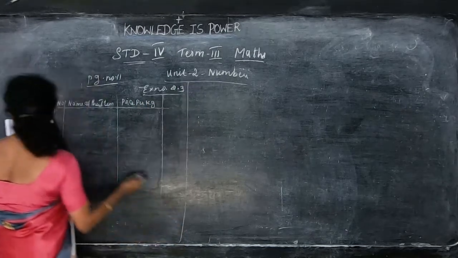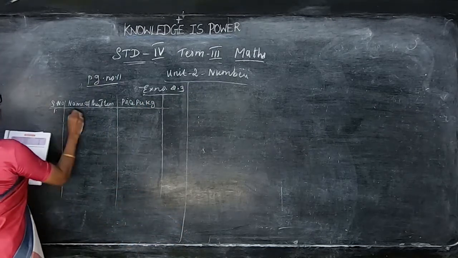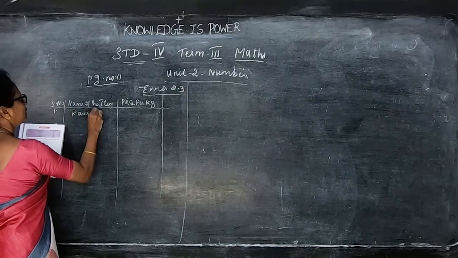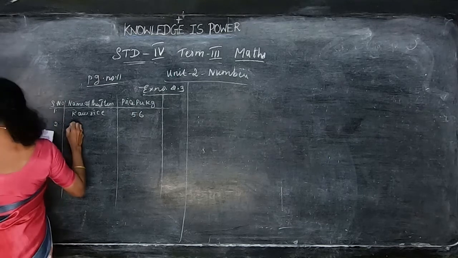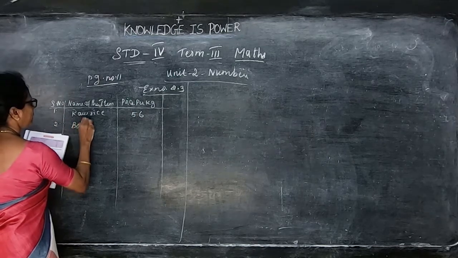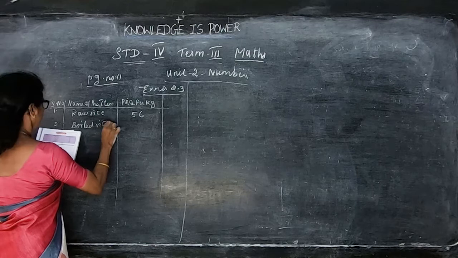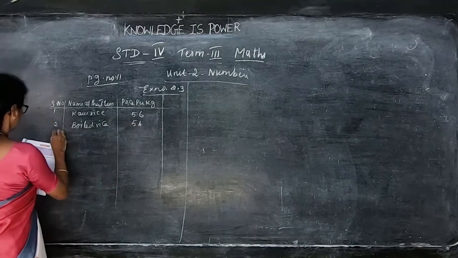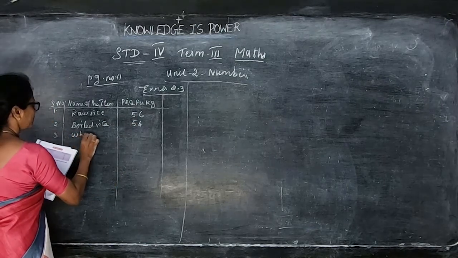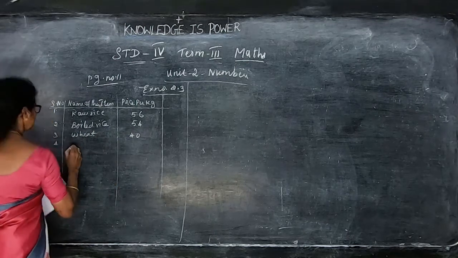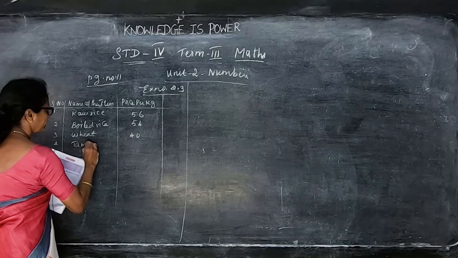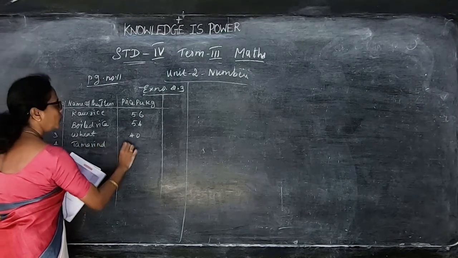So up to this is the sum. Raw rice, they have given the list like this. Raw rice 56. So இதை வச்சு நீங்கள் வந்து question frame பண்ணணும். Boiled rice 54. Then third one is wheat. This is 40. And fourth one is tamarind 180.